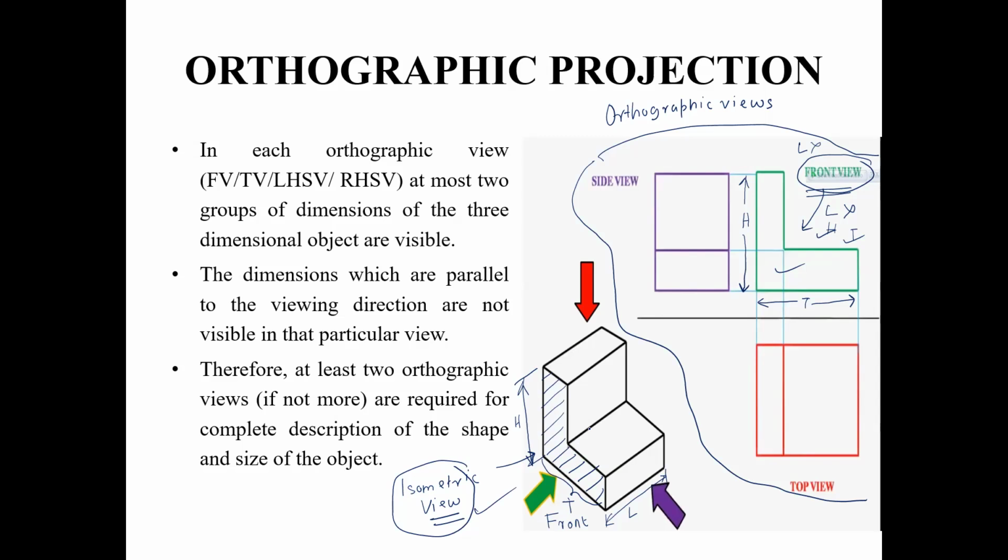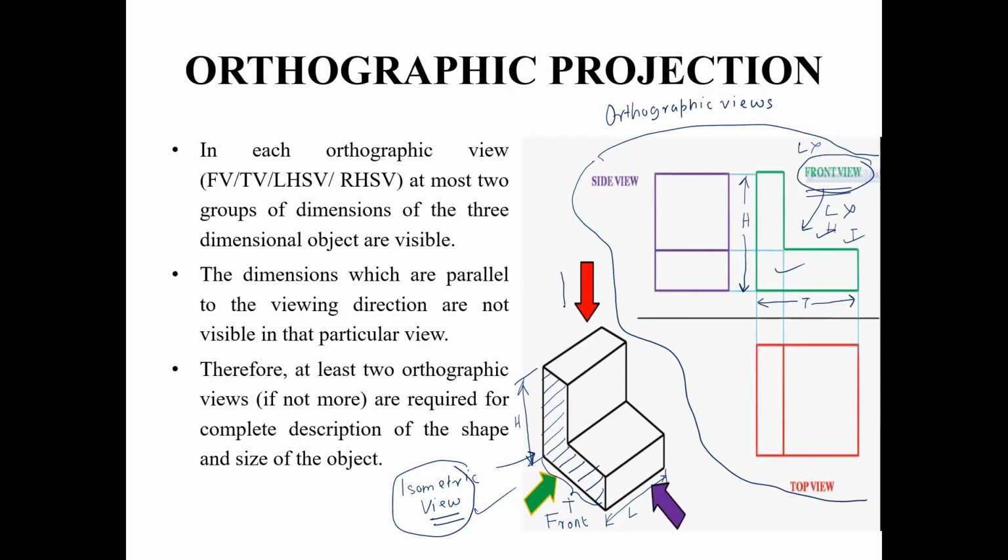Now let us test the same thing for the top view also. When you are trying to obtain the top view of the object, you have to look along the direction of the red arrow. So the top view of the object will be obtained on looking at the object from a different direction, which is the top of the object.